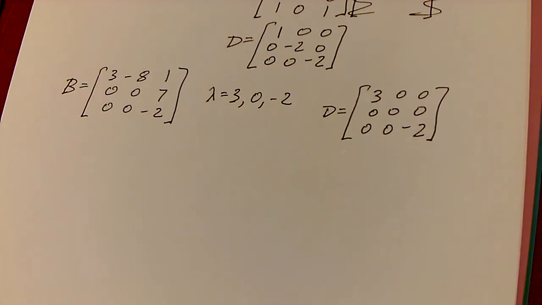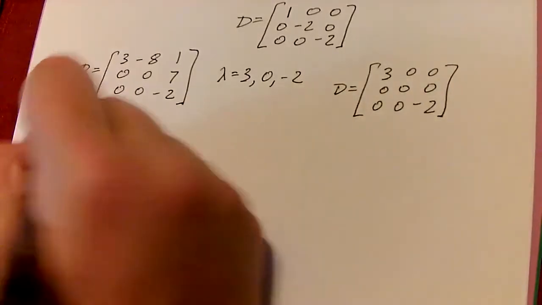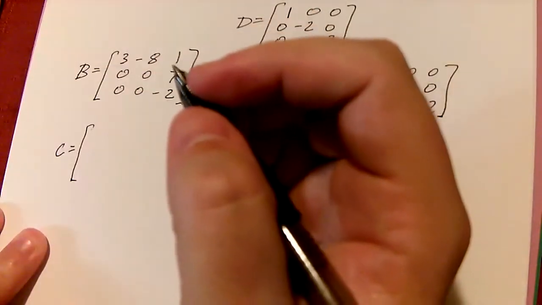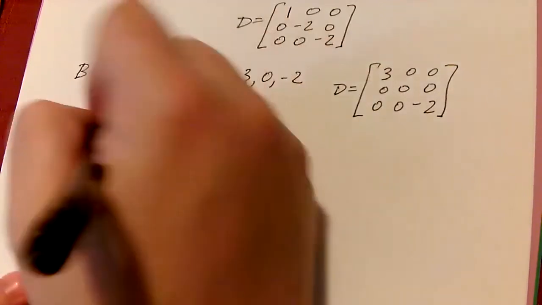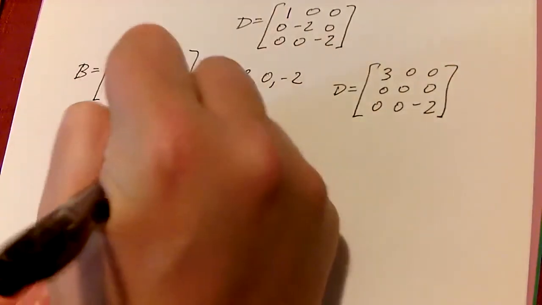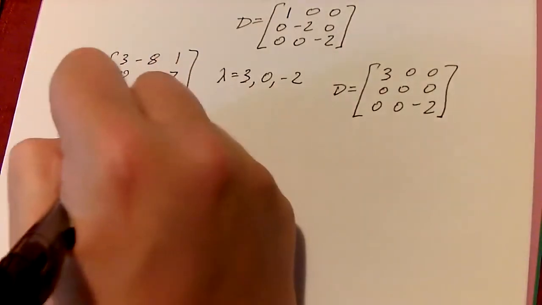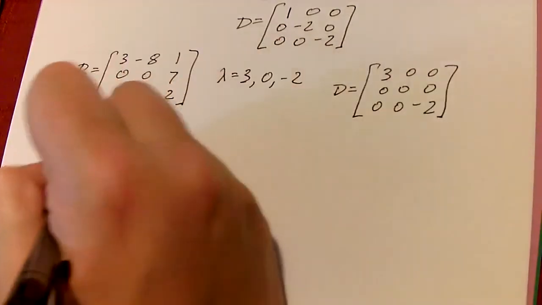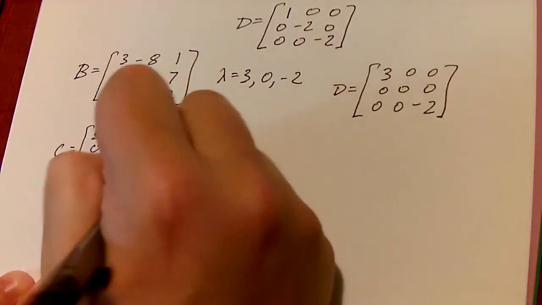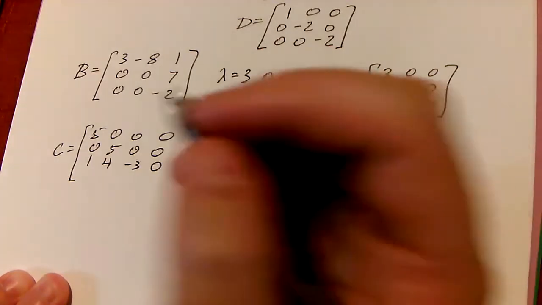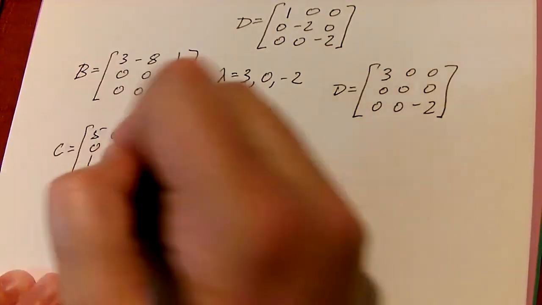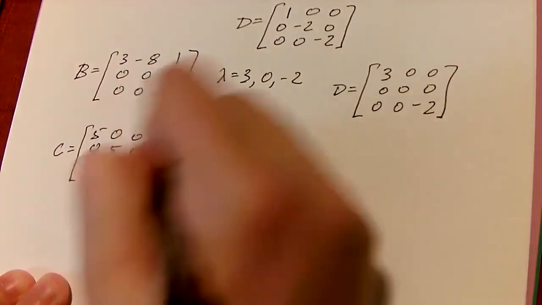All right, so next we're going to go to a matrix C. Okay, so my matrix C here is going to have 5, 0, 0, 0, 0, 5, 0, 0, 1, 4, negative 3, and 0, negative 1, negative 2, 0, and negative 3.